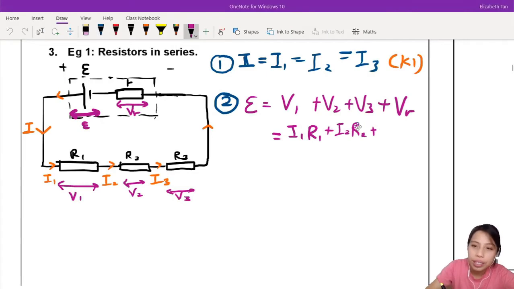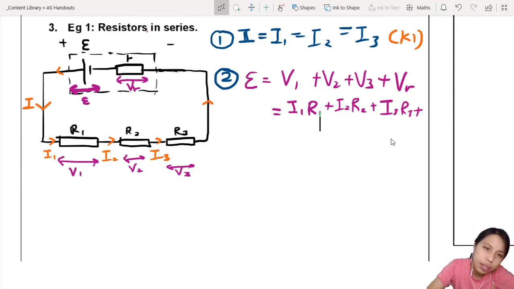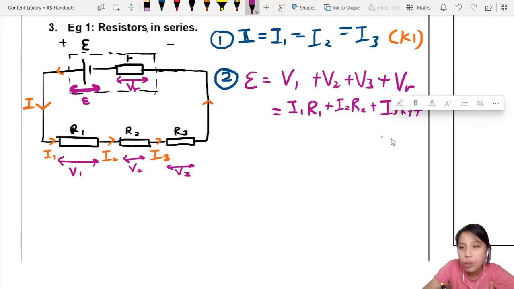Next one is I3, R3, and then of course, what's the current flowing through this internal resistance? Just IR.